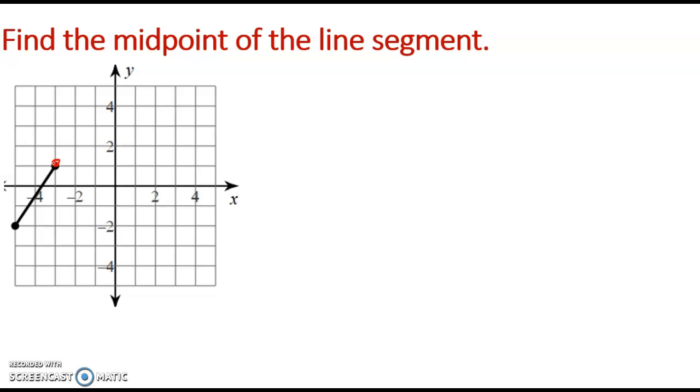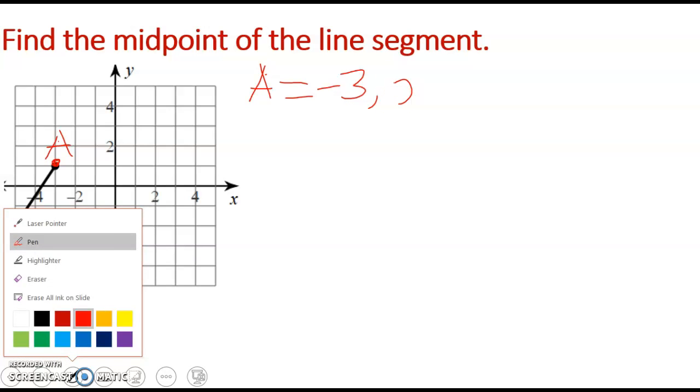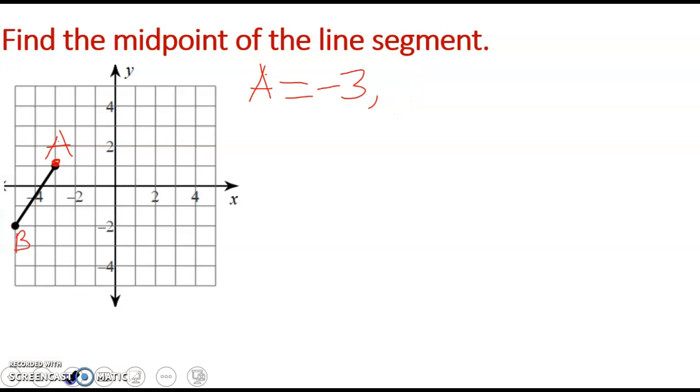Let's label it point A, and here we label it point B. At point A, we have -3, 1. And point B here is -5, -2.